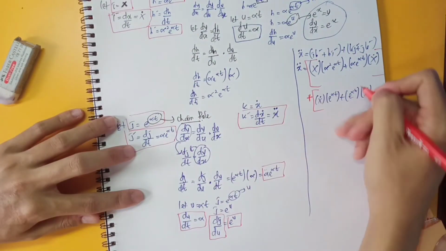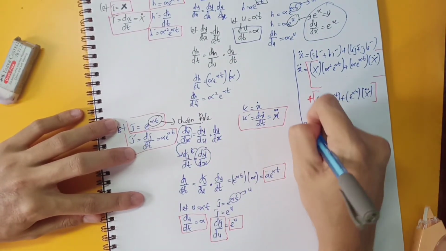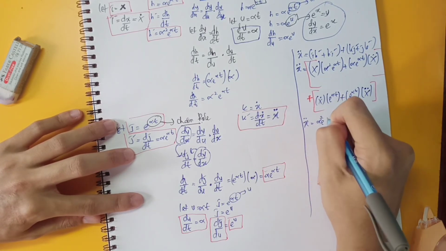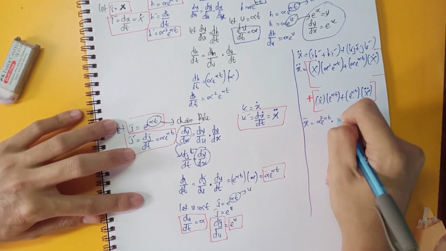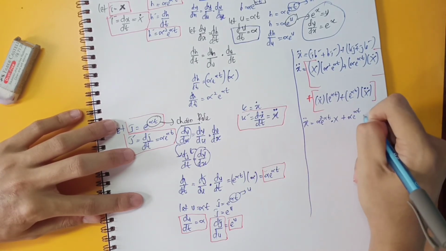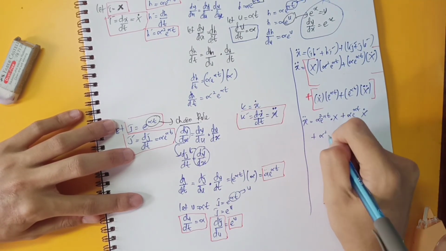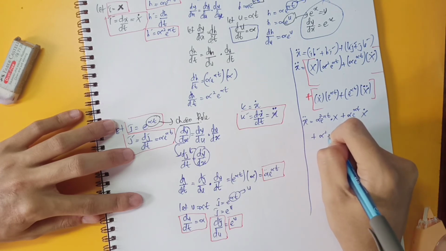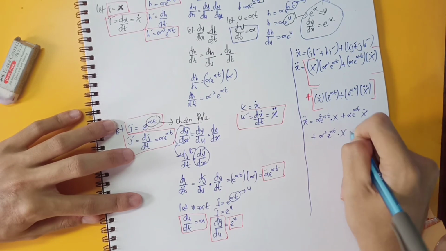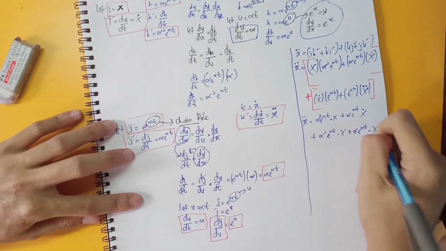Then close the bracket. Now let's do multiplication. So x double dot here is equal to alpha squared e^(alpha t) times x, and then plus alpha e^(alpha t) with x single dot, and then plus alpha squared e^(alpha t) multiplied with x, and then times alpha e^(alpha t) times x single dot.